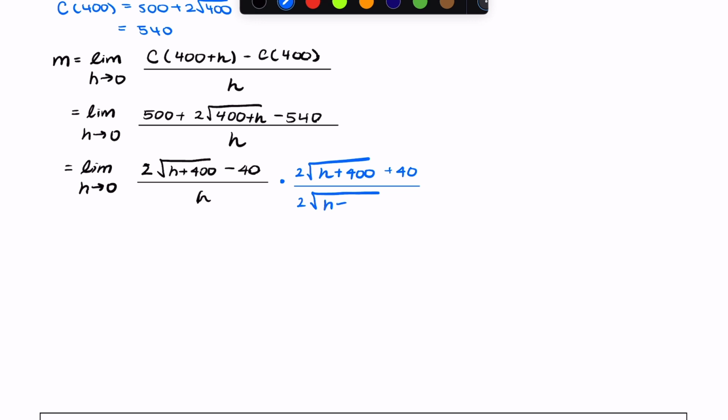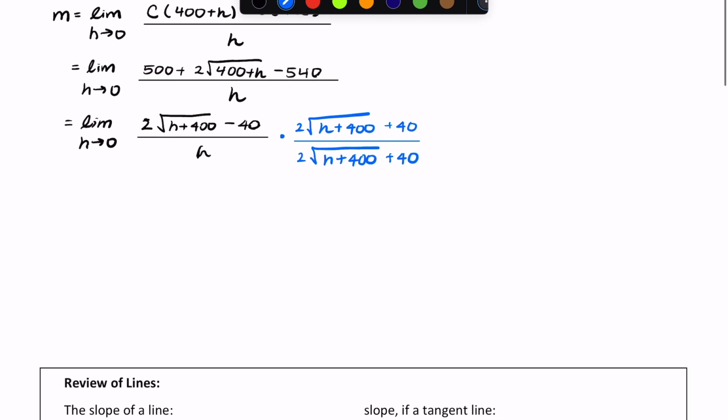That leaves us with the limit as h approaches 0 of 4(h + 400) minus 1,600, over h times 2 square root of h plus 400 plus 40.